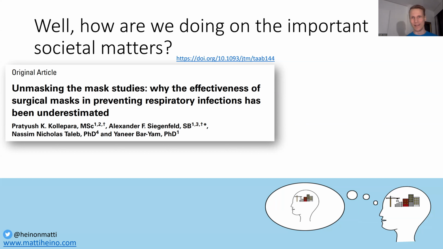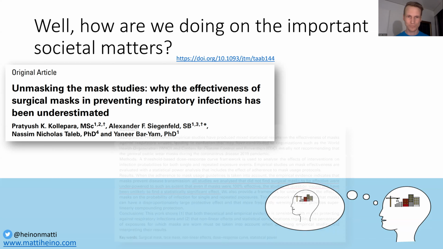So let's talk about masks as an example. In 2021, there was a study that looked into the statistical power of mask studies. They did a lot of very smart things in that analysis.